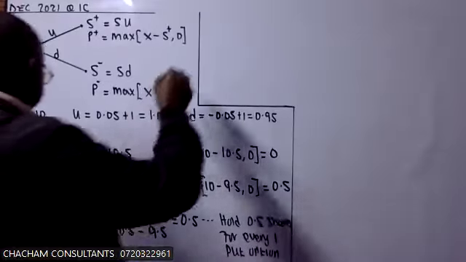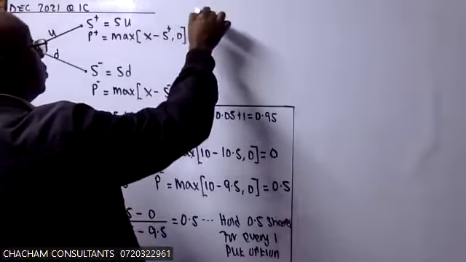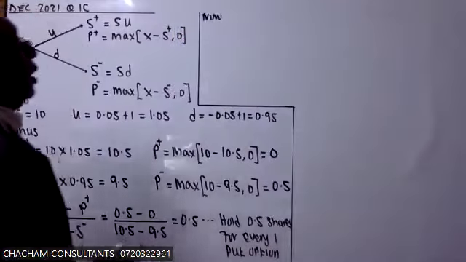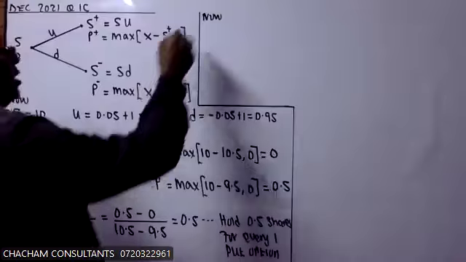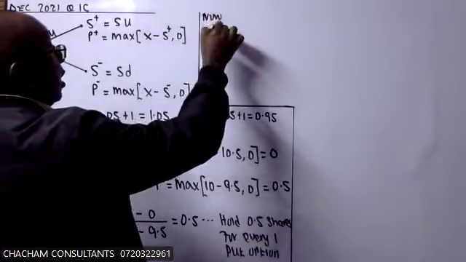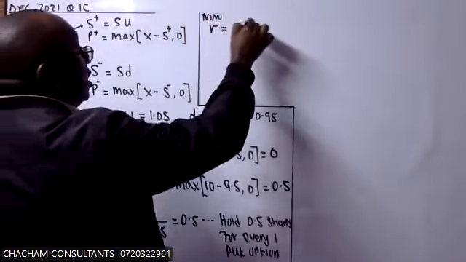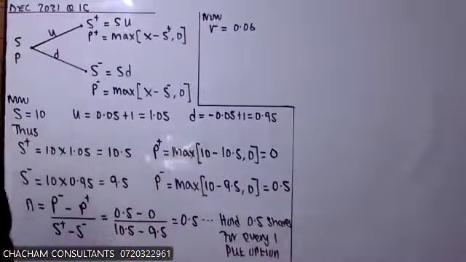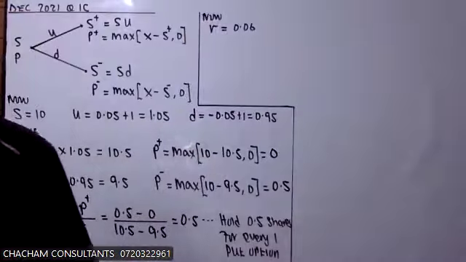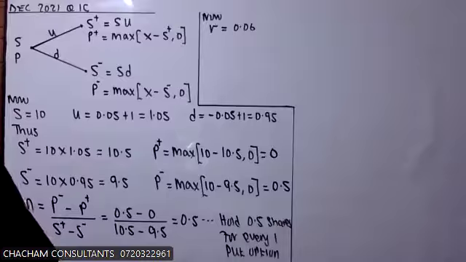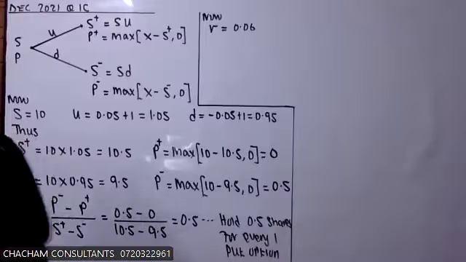So now we need to get R. R, the risk-free rate, we are told it is 6%. And obviously this 6% is per year.